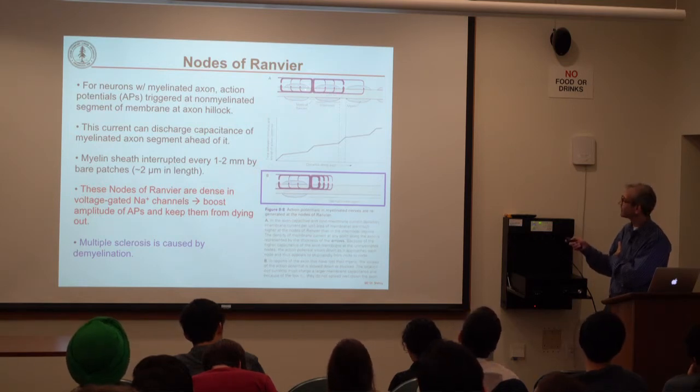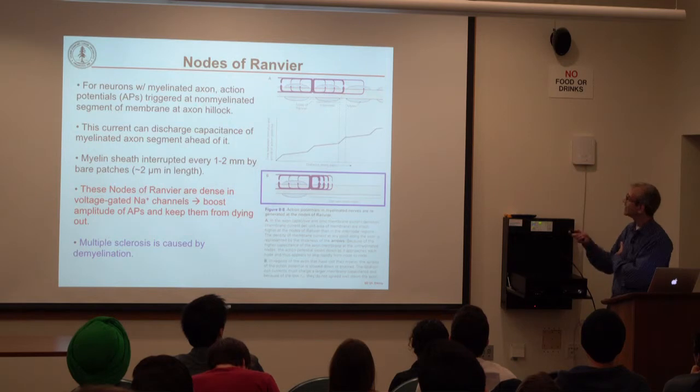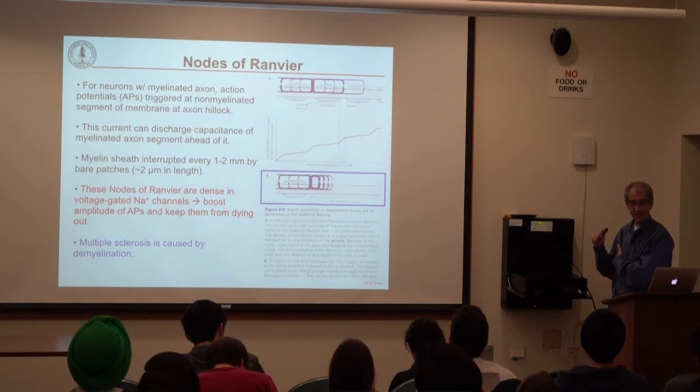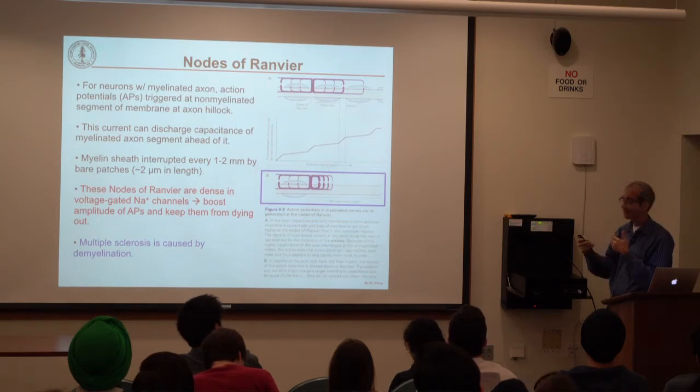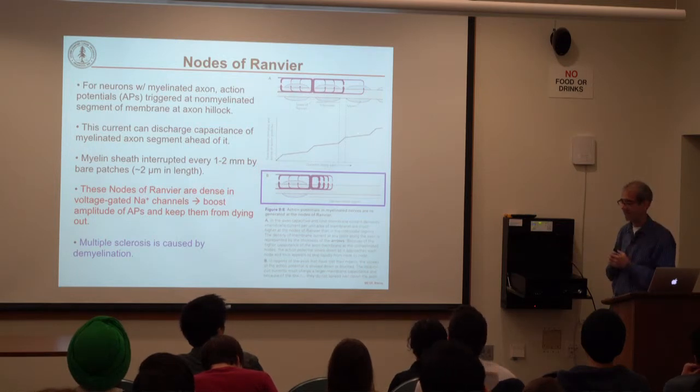Now over here, you see that it actually takes quite a lot of time to go a short distance, so the speed is slow. And that's because you're traversing this unmyelinated region here. And we know that unmyelinated regions are moving purely electrotonically. And the capacitance is so much higher because you don't have myelin. The axon diameter is the same, but you don't have myelin. So this is actually just a speed plot if you decode it consistently with the axes.